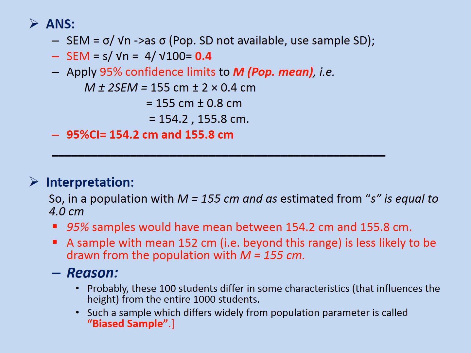Commonly we use the 95% confidence limit. So in this example the 95% confidence limit is 154.2 centimeters to 155.8 centimeters.